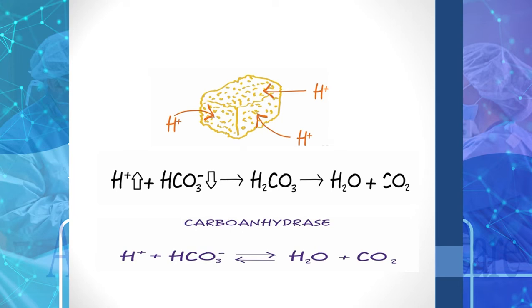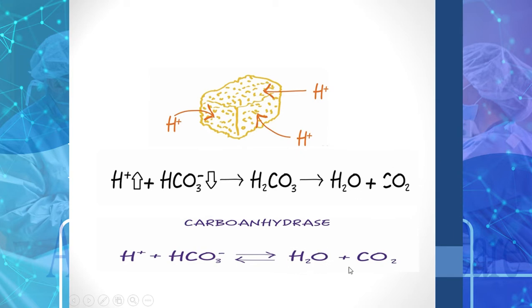And the enzyme which catalyzes this is carbonic anhydrase. All the time carbonic anhydrase is working. When the hydrogen ion amount increases, it takes it and combines it with HCO3 through carbonic anhydrase. It will be converted to water and carbon dioxide. Carbon dioxide will be released by the lung, and the water will be released by the kidney.